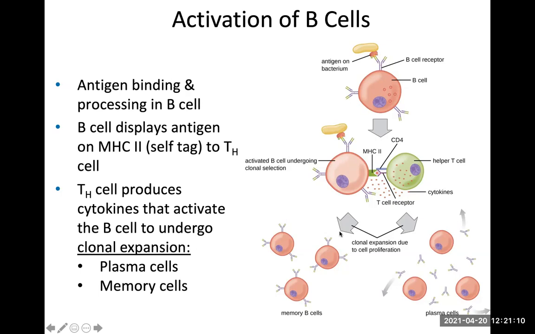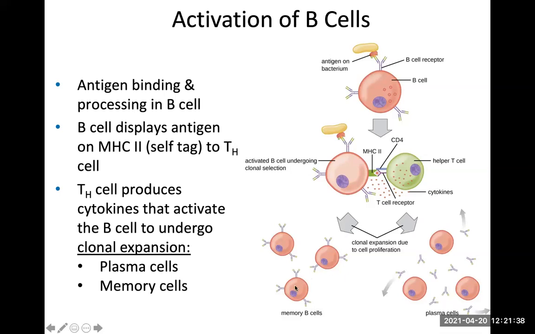And each of those clones have this exact receptor for that exact antigen. And most of the cells will be plasma cells, which secrete the antibody into the lymph and the blood right throughout the body to bind to any antigen that's anywhere in the body.